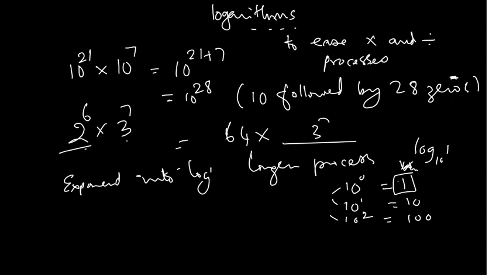Log of 1 to the base 10 equals 0. How do we read that? As log of 1 to the base 10 is 0.